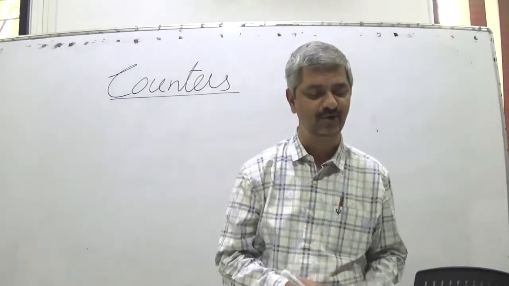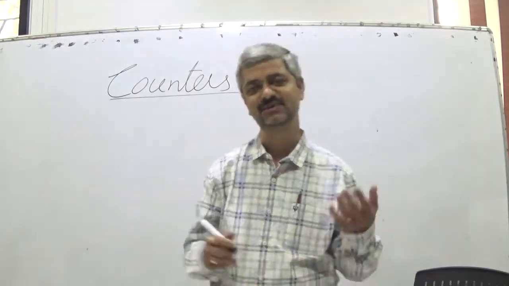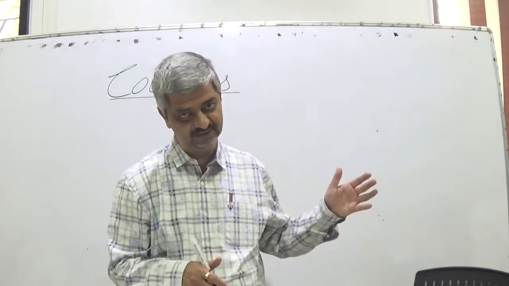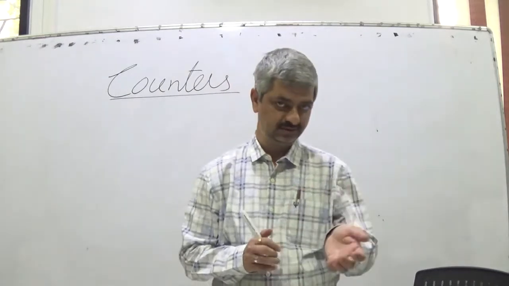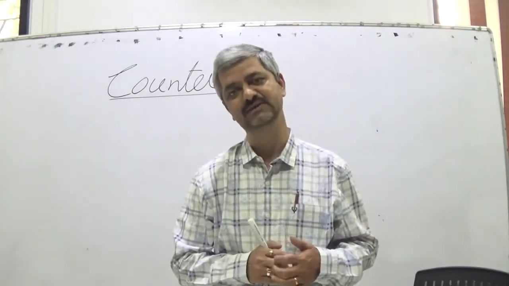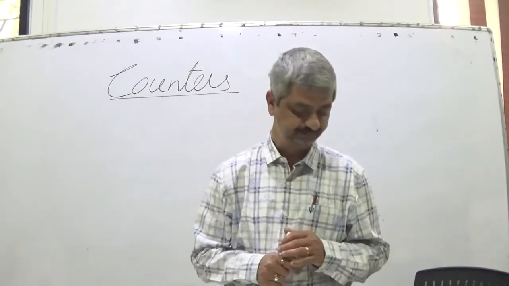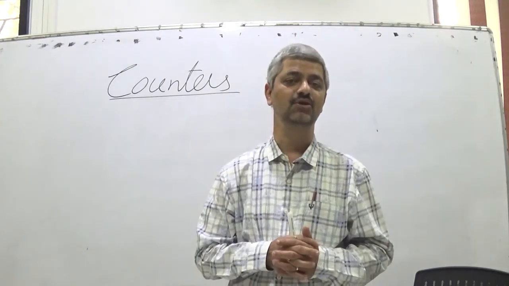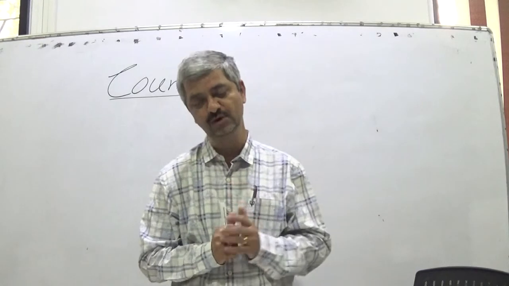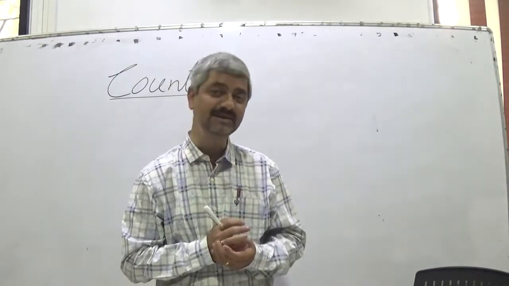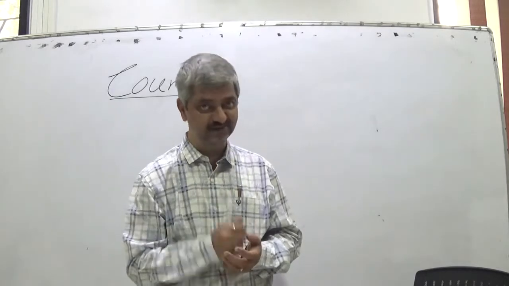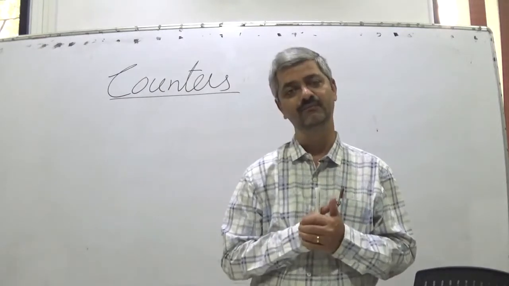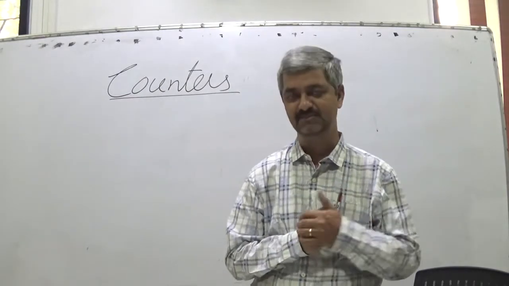So what is a counter? Counting is a quite natural process; even in preschool, mathematical ideas from day-to-day life, we are able to count. In digital, the number system we have is the binary number system, whereas in practice we have the decimal number system.